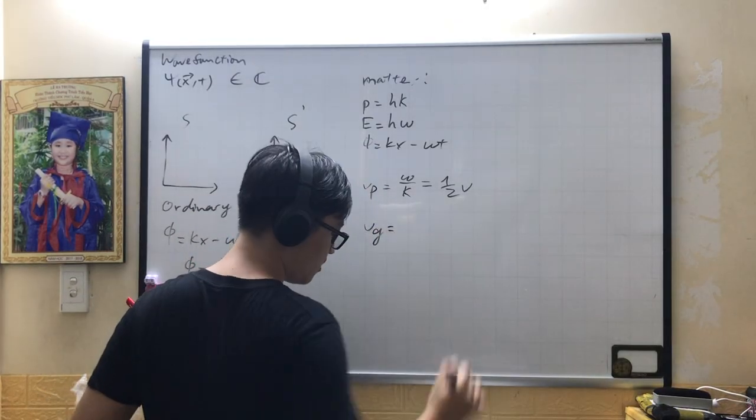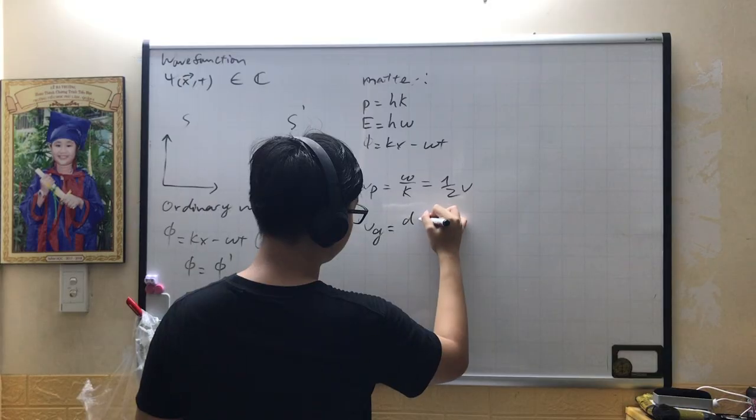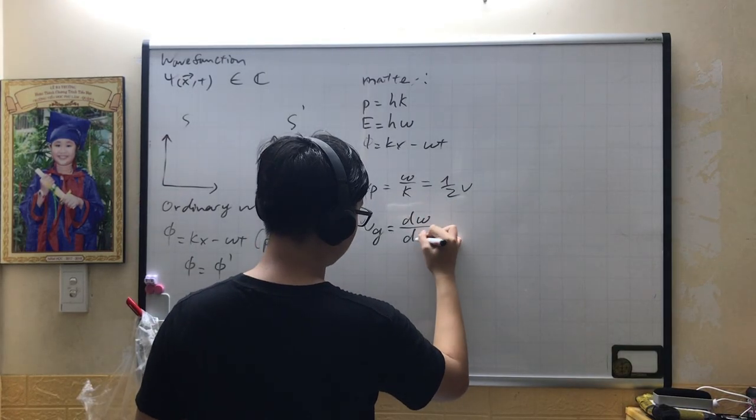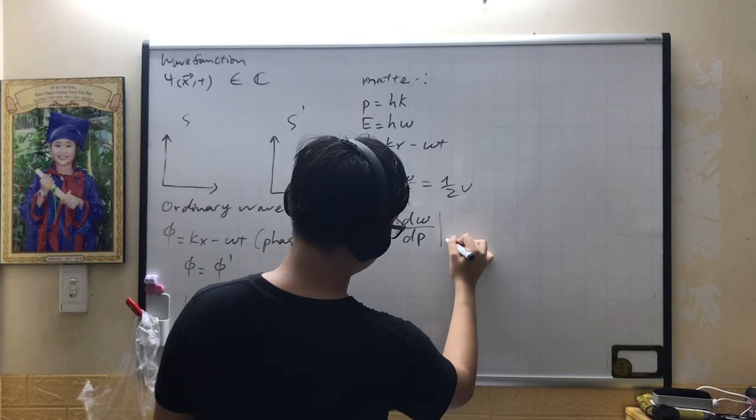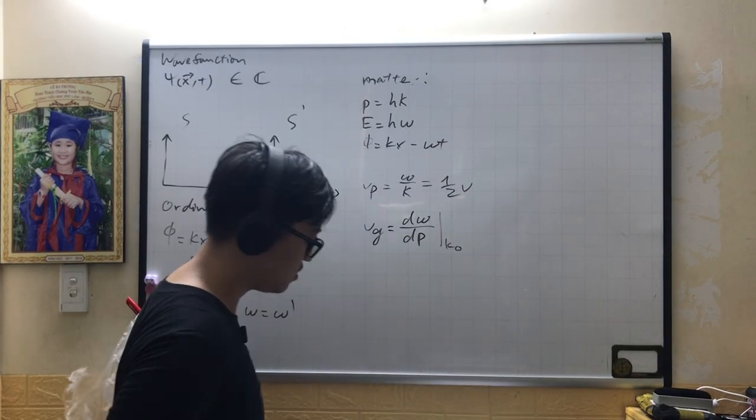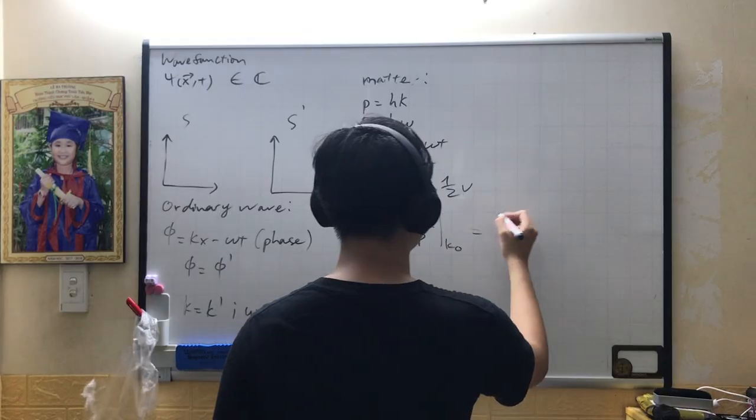The group velocity would equal the derivative of omega relative to k at k naught.